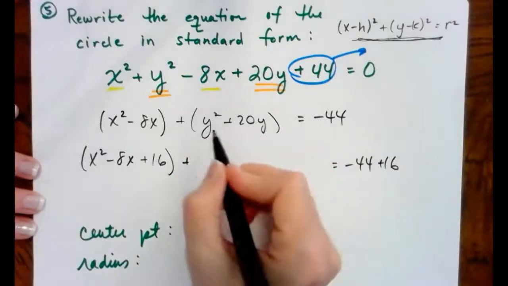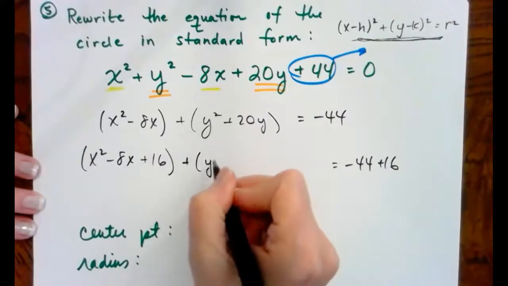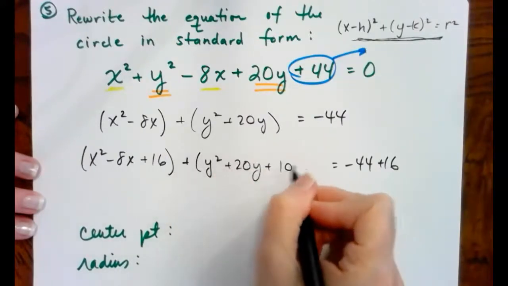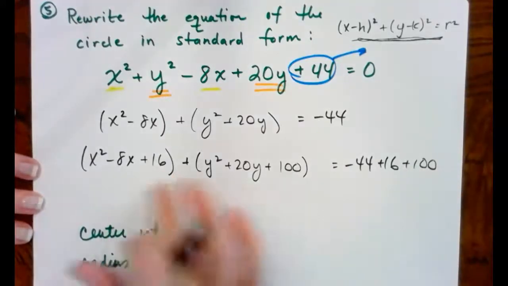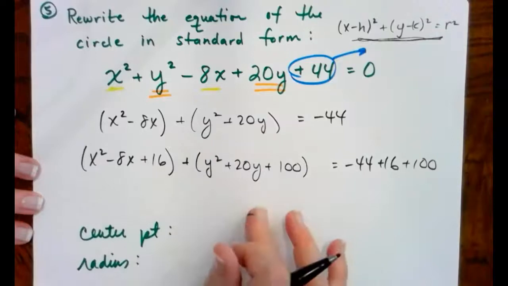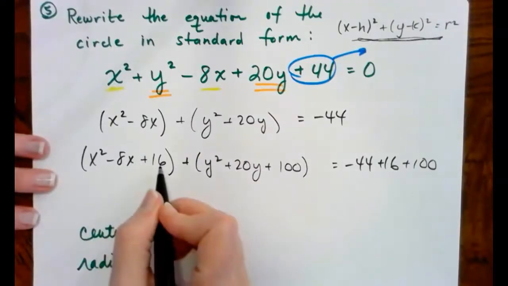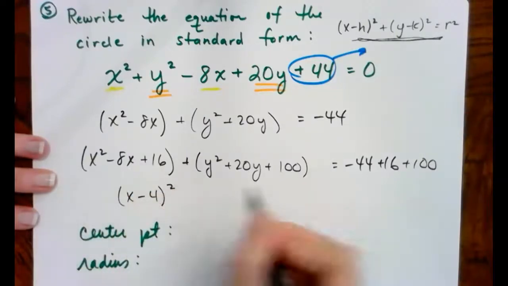Let's do it again. So y squared plus 20y. Half of 20 is 10. 10 squared is 100. Plus 100 on the right as well. So now we've got two perfect square trinomials that we can easily factor. Factors of 16 that add up to negative 8 are negative 4 and negative 4, so (x minus 4) times (x minus 4).